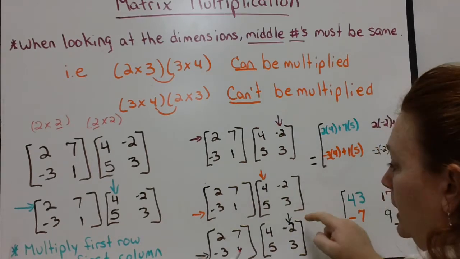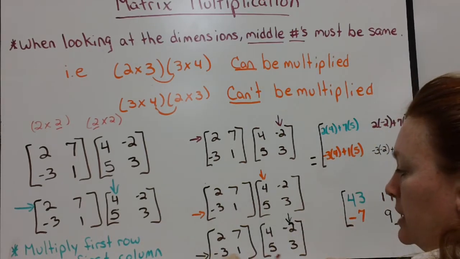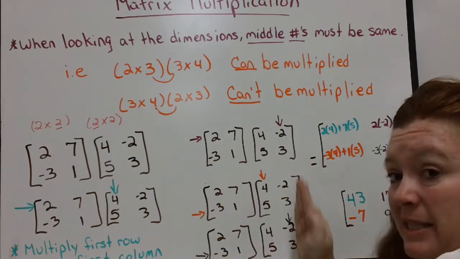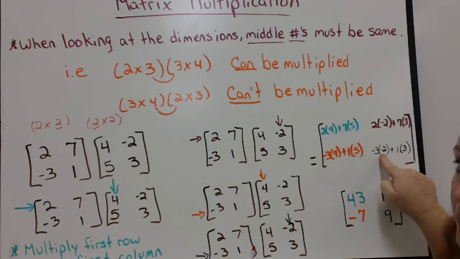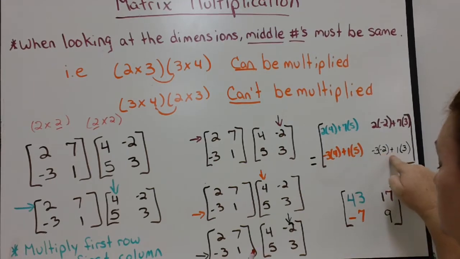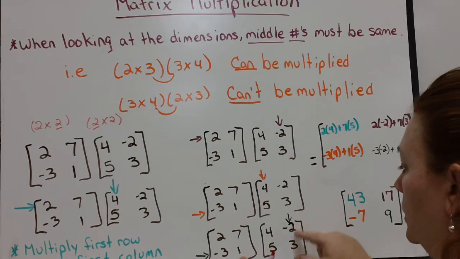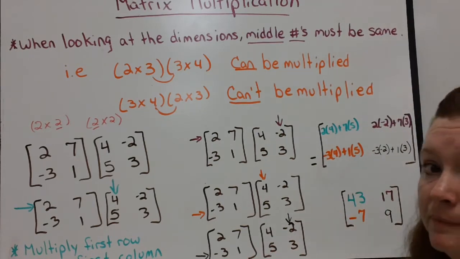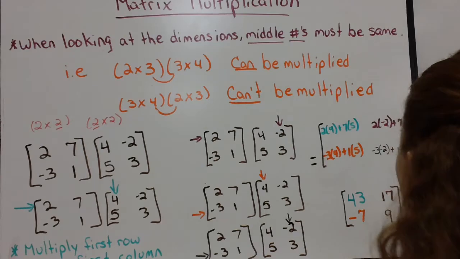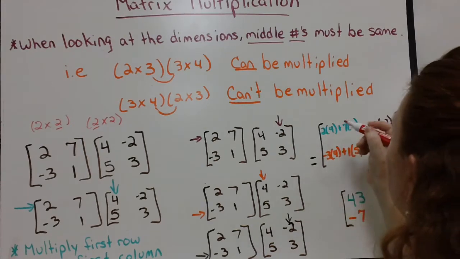And finally, I used black. I'm going to do the second row times the second column. Negative 3 times the negative 2 plus 1, second number, times the 3, second number. Right there. Now let's figure this out a little bit. 2 times 4 is 8.